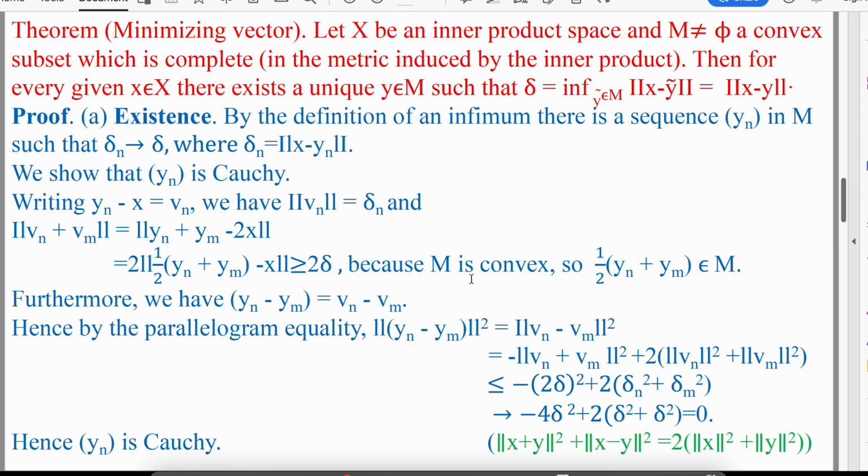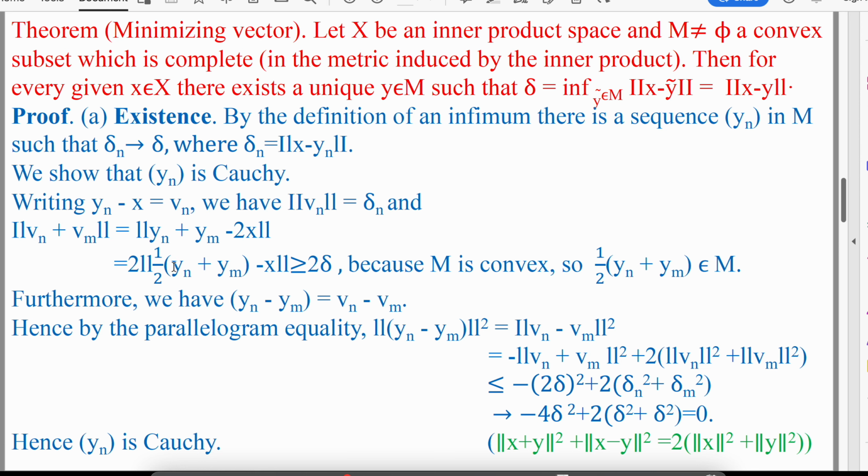Because M is convex, this 1 upon 2 of yn plus ym belongs to M. Therefore the norm of this distance, half of yn plus ym minus x, is greater than or equal to delta, and we have the 2 here.